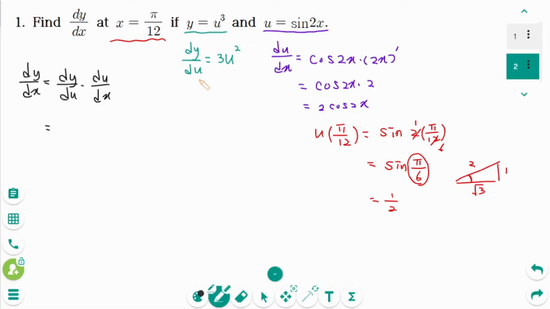dy dx equals dy du times du dx, which equals 3u squared times 2 cosine 2x.